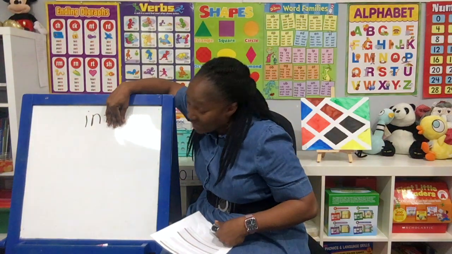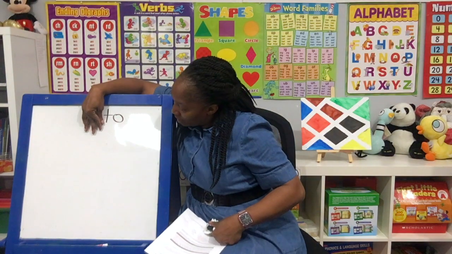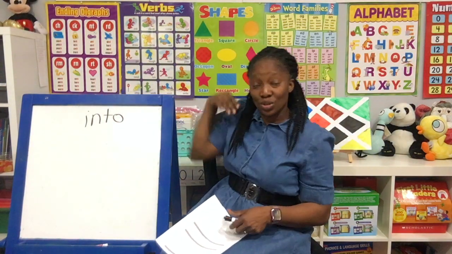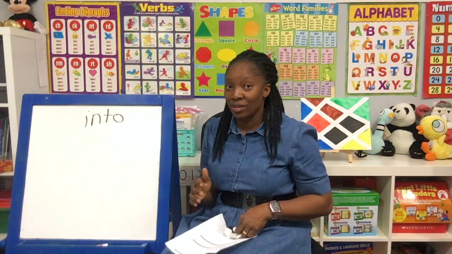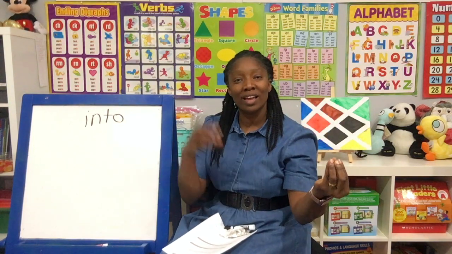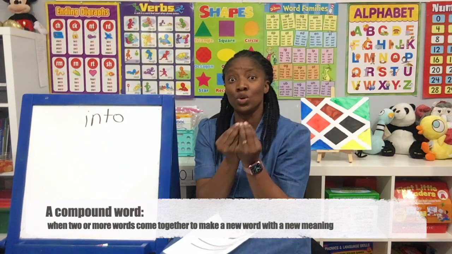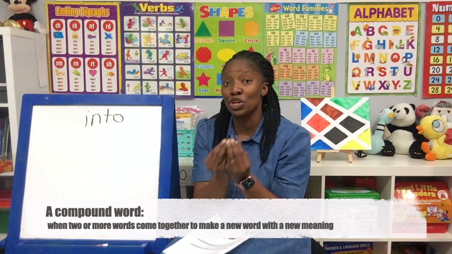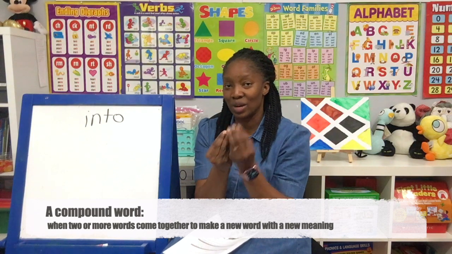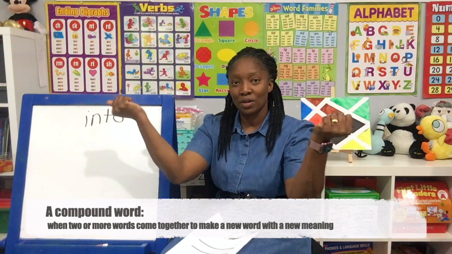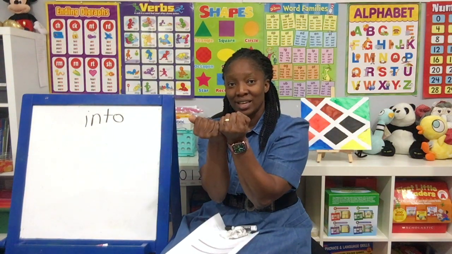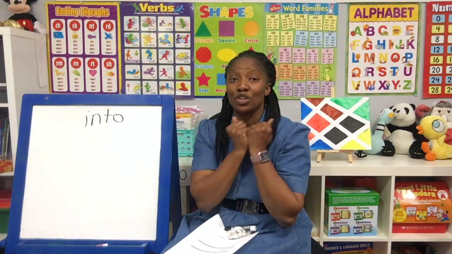It has the word in and to. Into. And a compound word is where you take one word and another word, put them together, and it makes a new word with a new meaning. So take one word, take another one, bring them together, and it makes a new word with a new meaning.